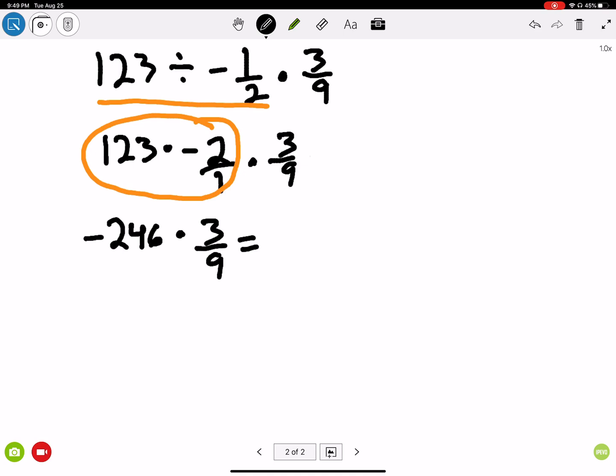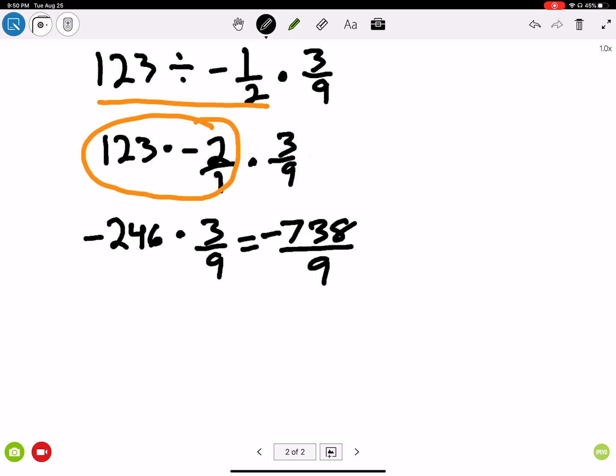Okay, and if I multiply 246 times 3, I get 738, I believe, over 9. And because it was a negative 246 times a positive 3, this fraction should be negative.